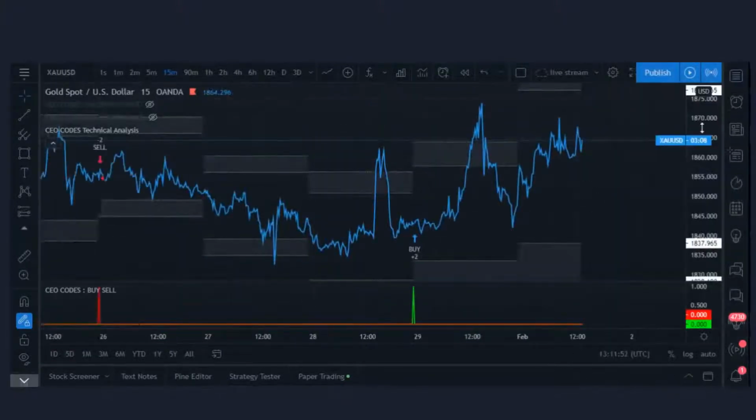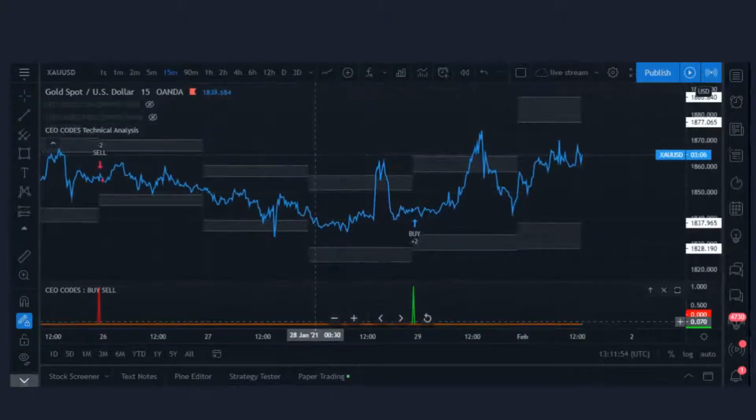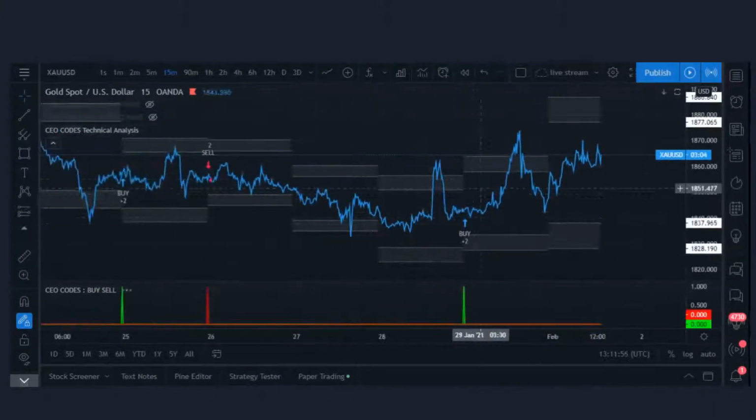Even the gold as well, just ranging. The gold, the long signal here was at 1840, and it does not go much.